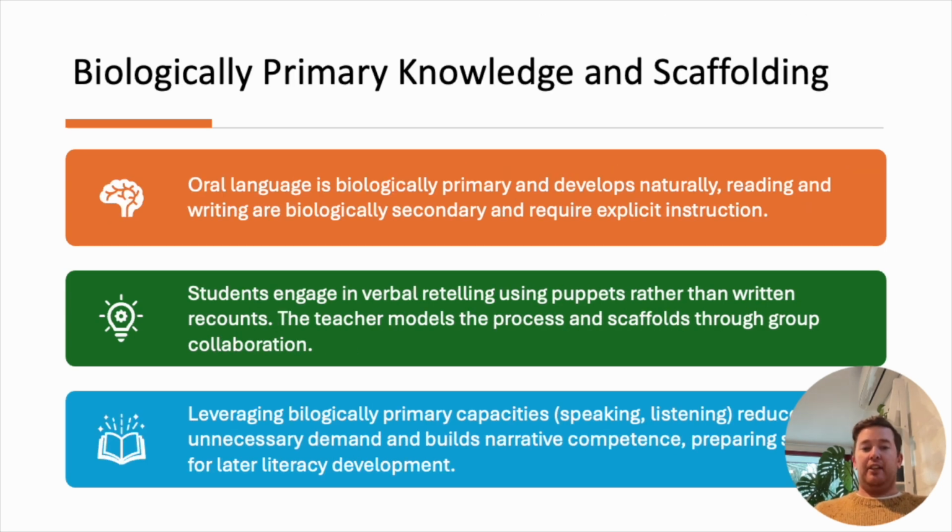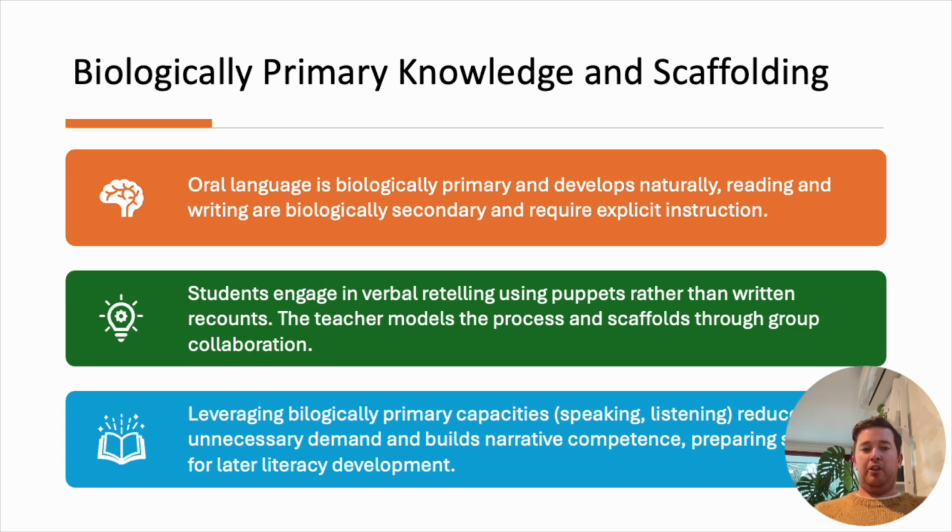If we look at oral language as a biological primary skill, we can group that under the idea that it develops almost naturally. Reading and writing, on the other hand, are what we would consider in the cognitive load theory framework as a biologically secondary skill, and they are what require explicit instruction.